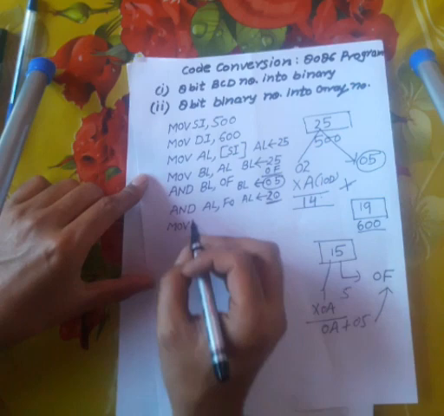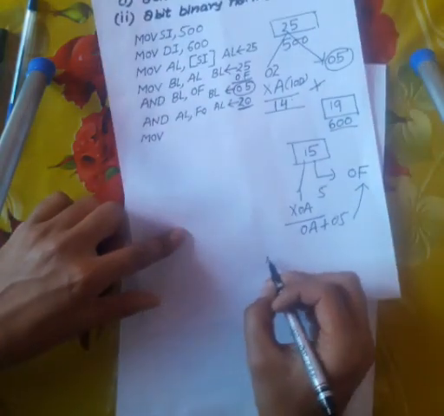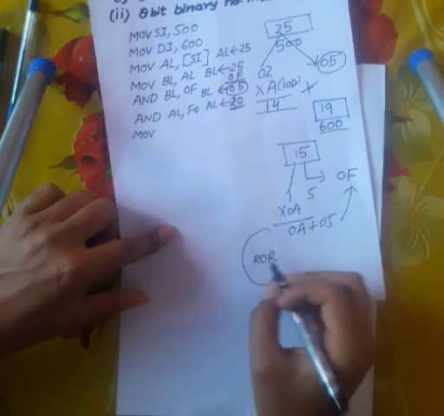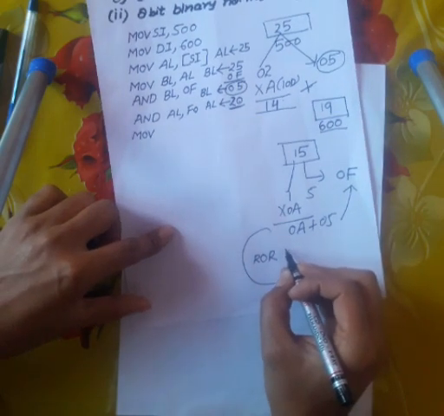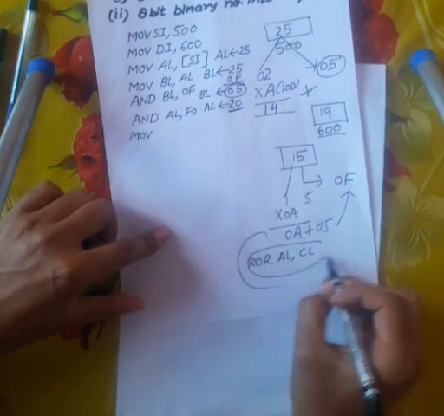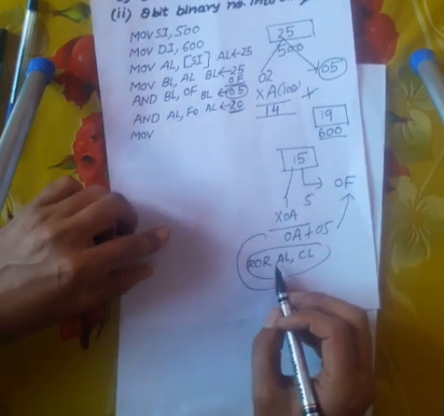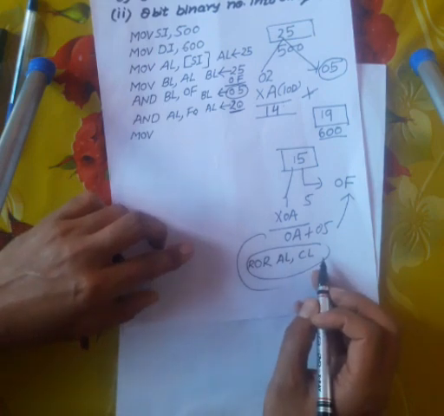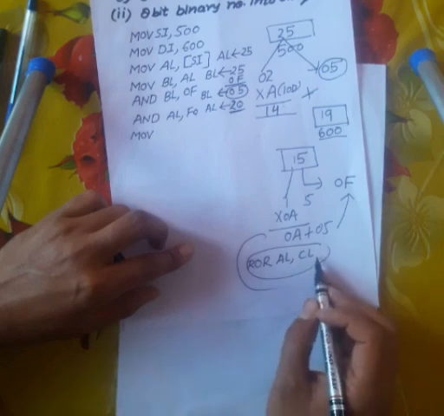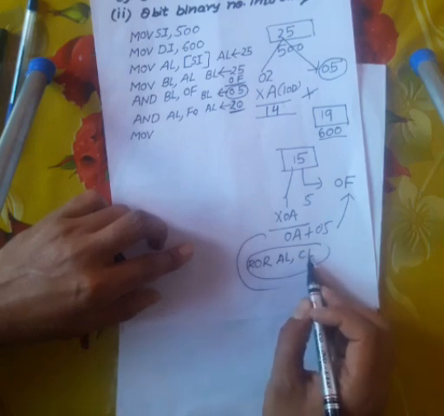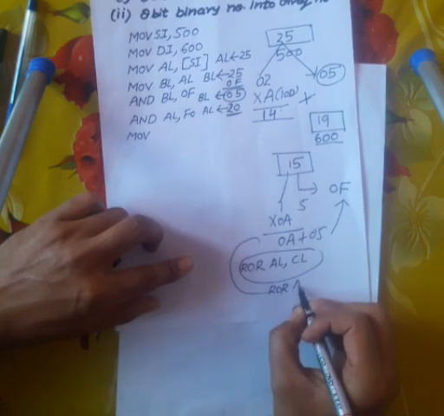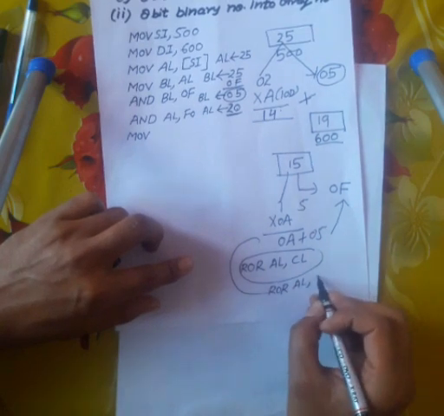For this you can use ROR instruction. What is ROR? ROR AL comma CL. This is the format. Rotate accumulator right without carry, and value of count is CL. If you are rotating one time, just use CL equal 01.